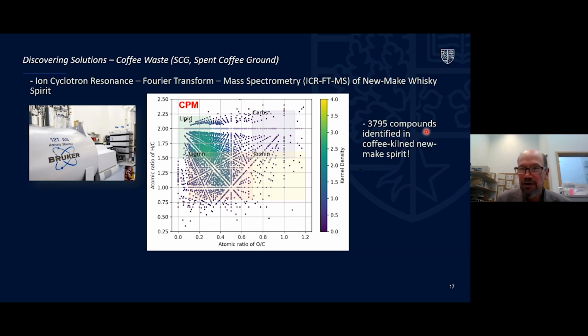You can see on the right-hand side that we've identified almost 4,000 specific individual chemical compounds in the coffee waste whiskey using ICR-FTMS, which is even more than you'd get in peated whiskey. In peated whiskey, you normally expect to see 2,000 to 2,500 identifiable compounds. So the whiskey spirit is incredibly rich in small molecules, and we need to do much more work now in trying to identify what these are.